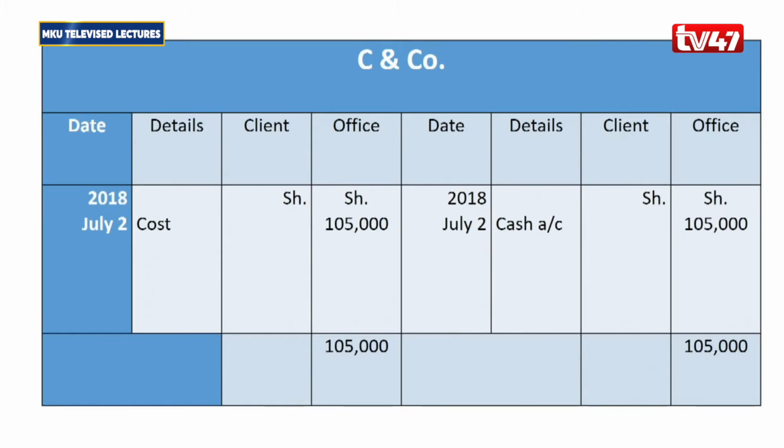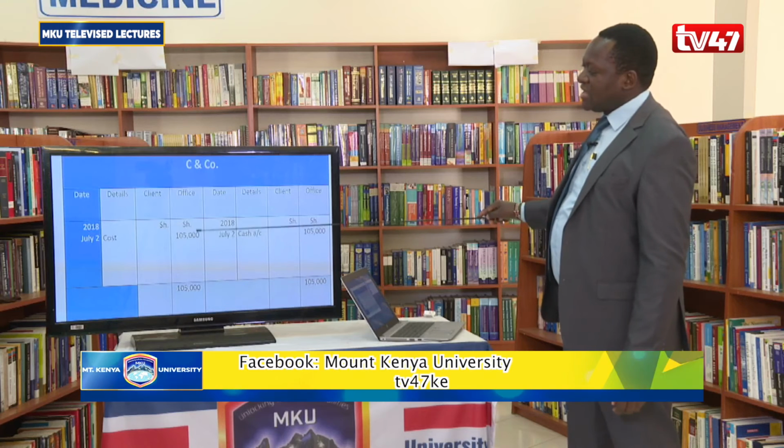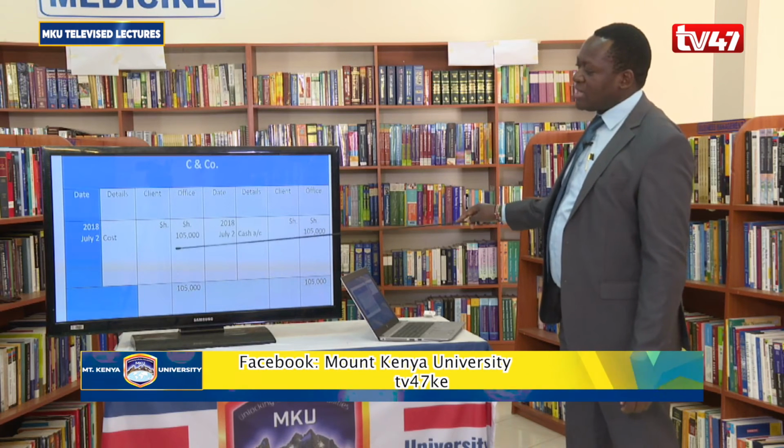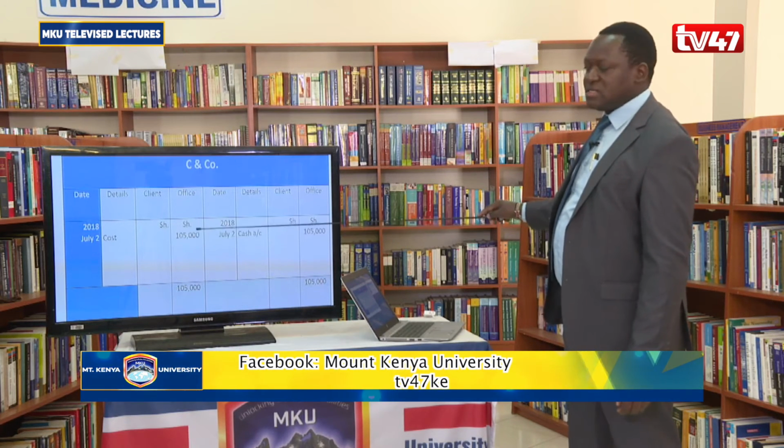But there is something else we have done, because if we are going to receive money from this particular customer or client, then we must have costed. We must have sent a bill of costs or services, and that is why you realize on the same date on this other side we had already shown that there were 105 costs which were also debited to this particular account.